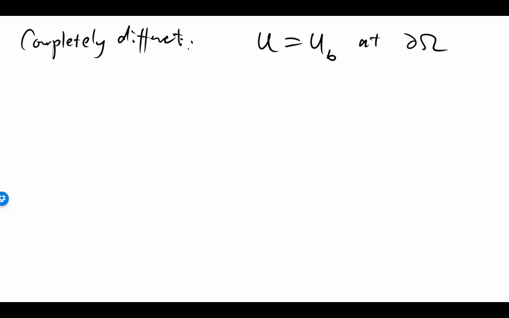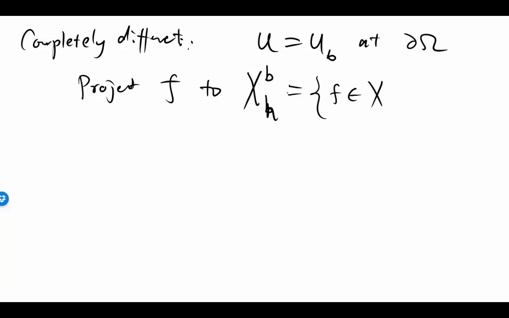A good example is a projection. So let me say, okay, what if I project a function f to Xh^b? This is defined as any function f within the space Xh, and let me say any u in Xh with u equal to ub at the boundary.